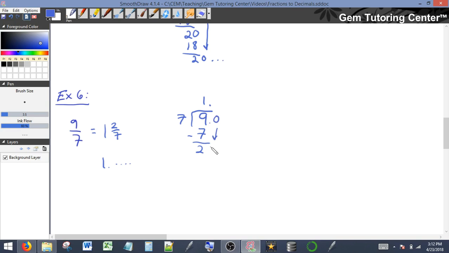We bring down this 0, and we have 20. 2 times 7 is 14, so we put in 2 there and a 14 here. We get 6. And we bring down this 0, and 7 times 8 is 56, so we keep going. So this becomes a 4 and a 0. 7 times 5 is 35.